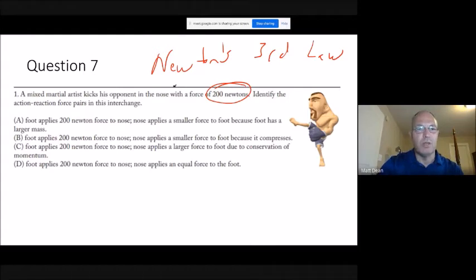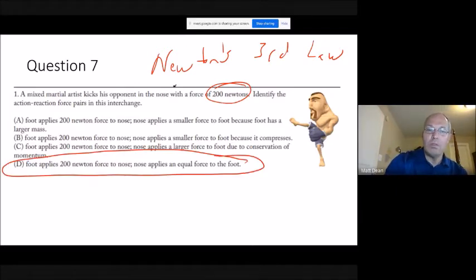So here, the guy's foot is applying a 200 Newton force to the nose, which means the nose, according to Newton's third law, has to apply an equal but opposite force to the foot. So that's looking like D. So the foot applies a 200 Newton force to the nose. The nose applies an equal force in the opposite direction to the foot.